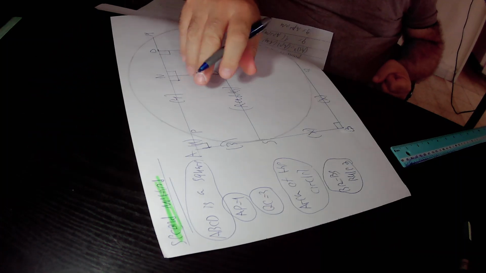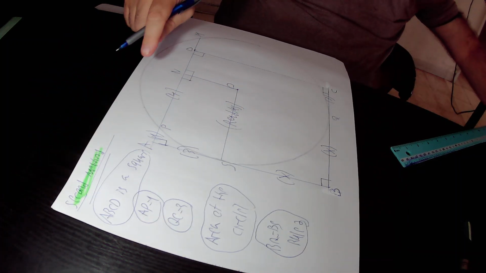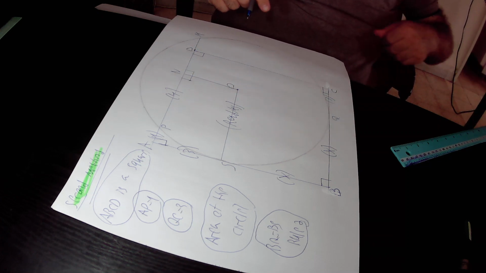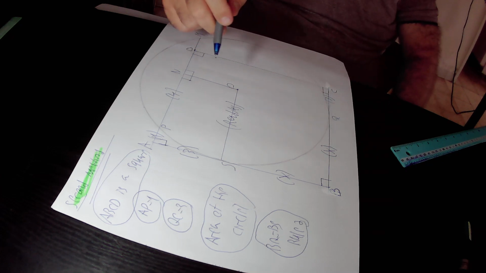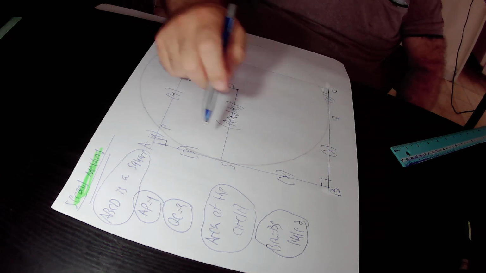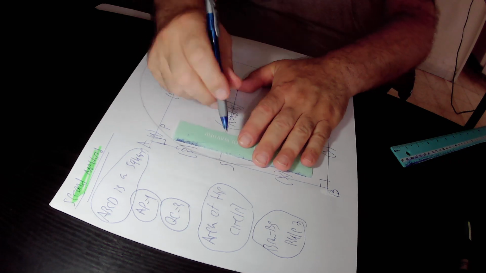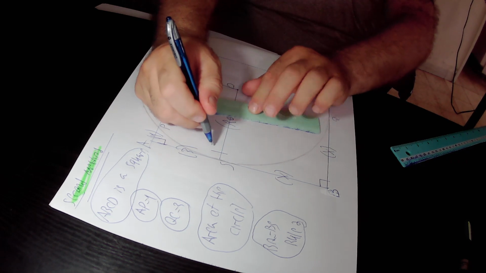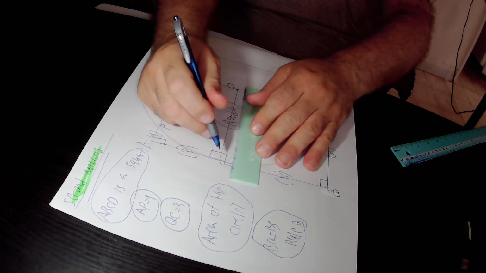Because the radius OS is drawn to point S, that is the point of tangency of tangent AB with this circle, tangent AB will be perpendicular to the radius SO. If AB is perpendicular to SO, it means that this angle equals 90 degrees, and this angle also equals 90 degrees according to rule 1.